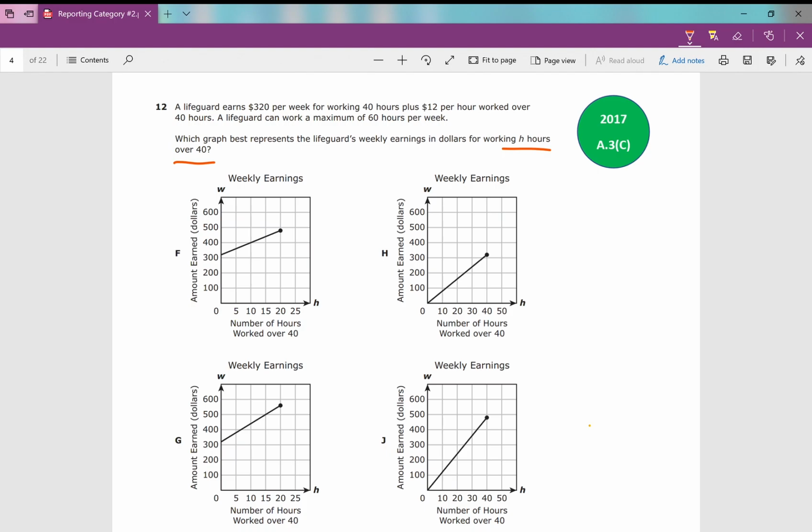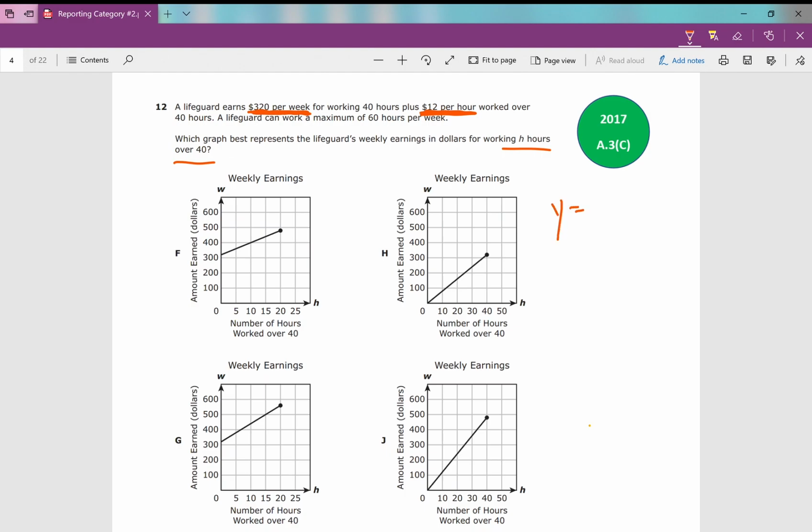Okay, so one of the things I like to say is if you see this per, like $320 per week, $320 every week, a week, each week, that's your rate. However, we have this other phrase over here, $12 per hour. Okay, well, I'm not going to have two rates in this particular problem. So which rate is important? Let's see.